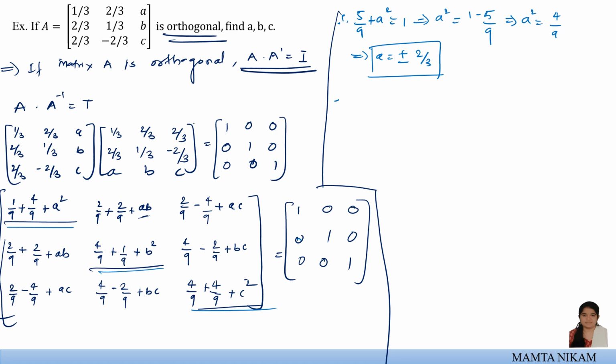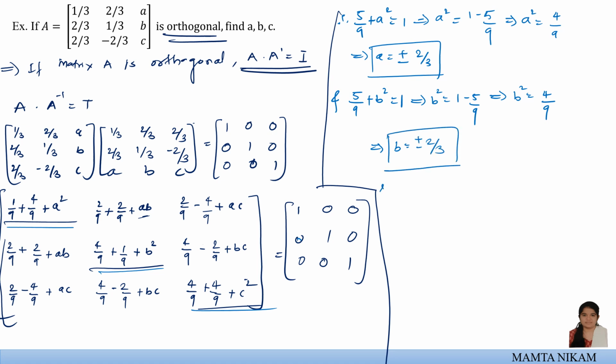Similarly, the second diagonal element is 4/9 plus 1/9, so this is 5/9 plus B square equals 1. So B square equals 1 minus 5/9, which is 4/9. Again taking the square root, B is plus or minus 2/3.